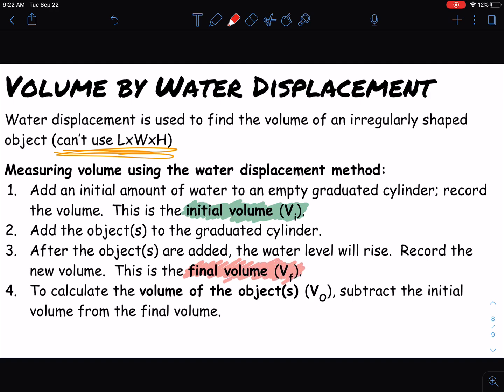That F means final, I means initial. And then you use those to calculate the volume of the object, or VO. That O stands for object. The F is for final, and the I is for initial.